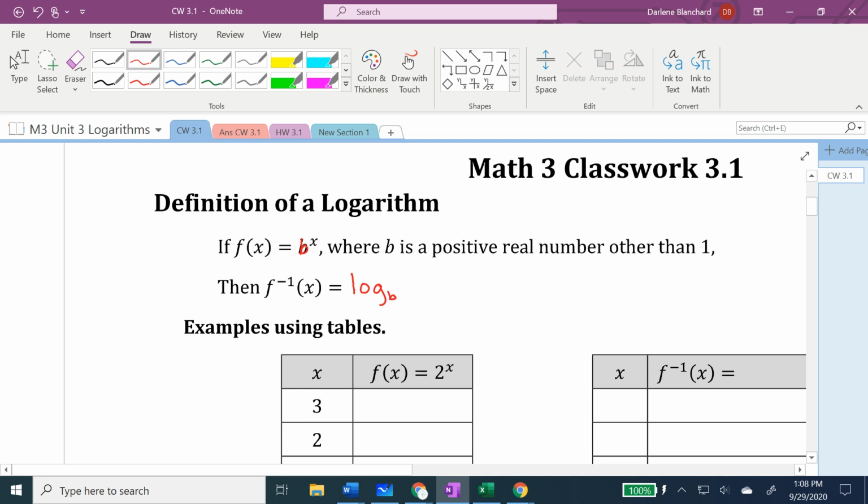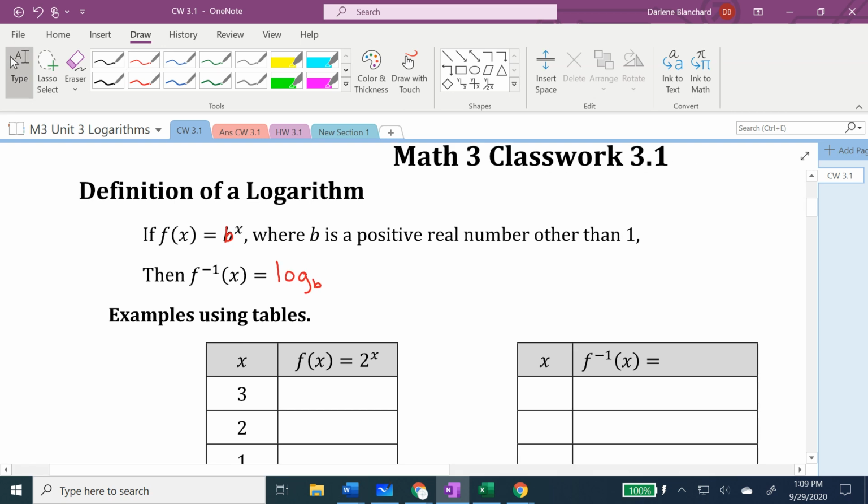And with a subscript, you're going to put that base number. Each exponential function, you've got 2 to the x, 3 to the x, 5 to the x. Each one of them has a specific inverse logarithm. So 2 to the x has the inverse of specifically, and I probably should finish and put the input variable. The input variable is on the same line as log.